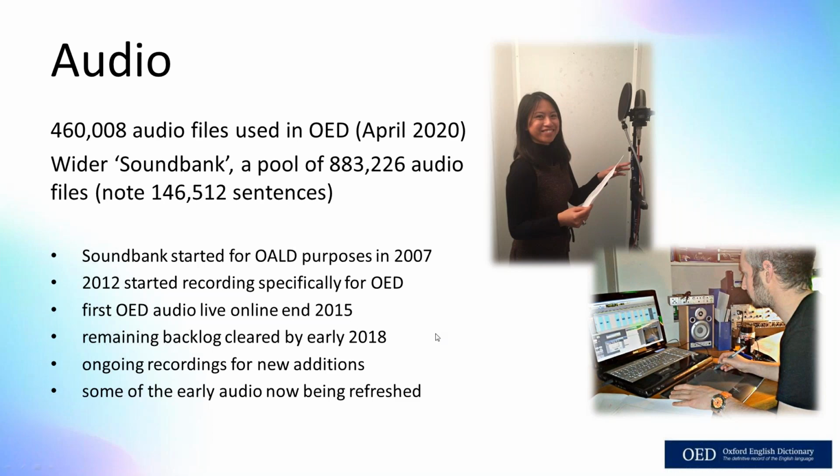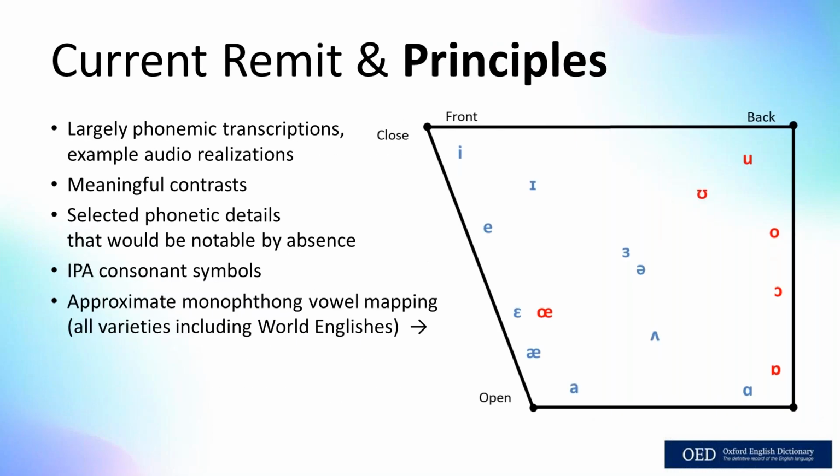Well, before I hand back to Catherine to introduce our British and American English models, let's just talk briefly about the principles. The principles that underpin our pronunciations are actually relatively straightforward. We give largely phonemic transcriptions concerned with the meaningfully contrastive sounds of each variety.